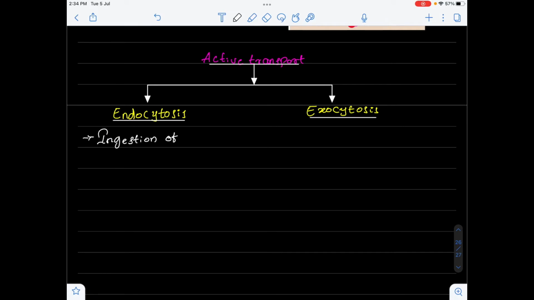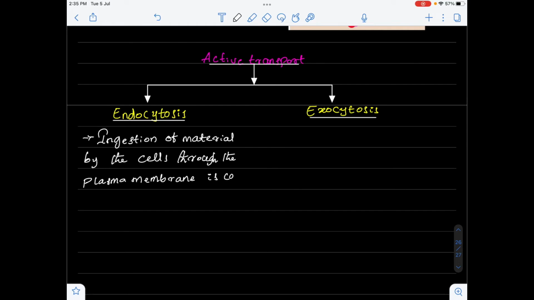Ingestion of material by the cells through the plasma membrane is called endocytosis.